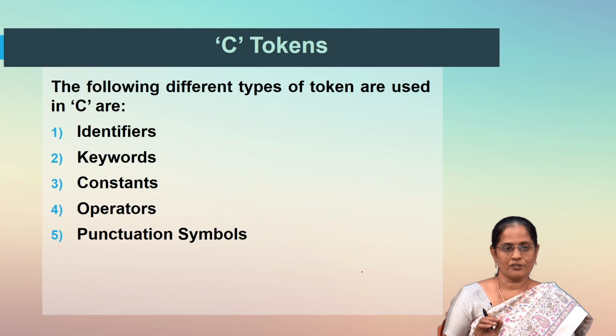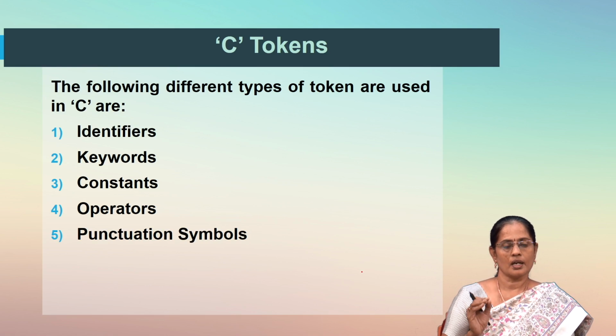So, using those character sets, if we are able to form certain words, then those words are called tokens in C language. The tokens will allow us to represent certain individual entities of the C language, which includes the identifiers, keywords, constants, operators and punctuation symbols.